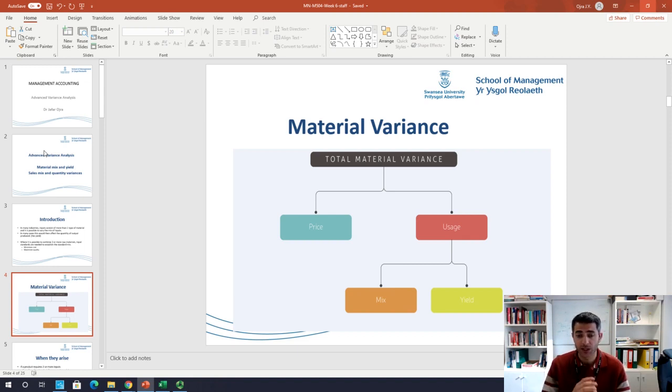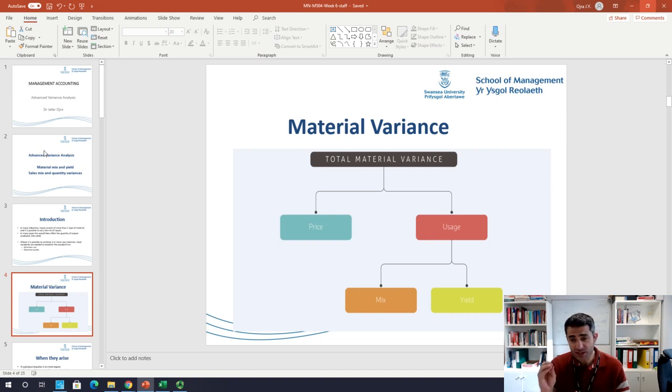If you look at the material price variance, this is the difference between the actual price we pay per kilo and the standard price we pay per kilo. The usage variance is the difference between the actual quantity and the standard quantity. Of course, if we use more kilograms to produce the same output, it's an adverse variance.